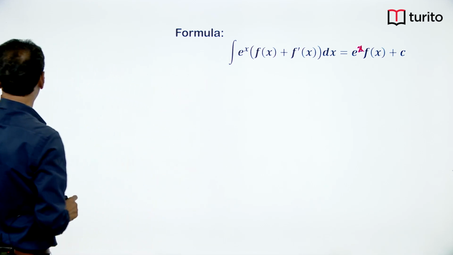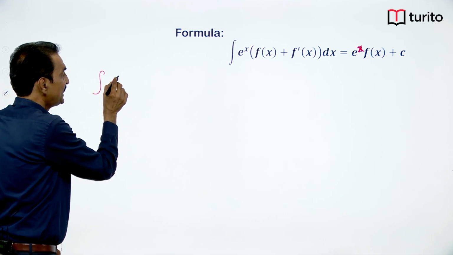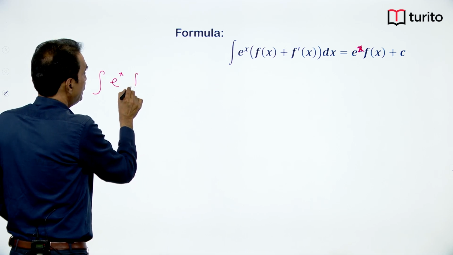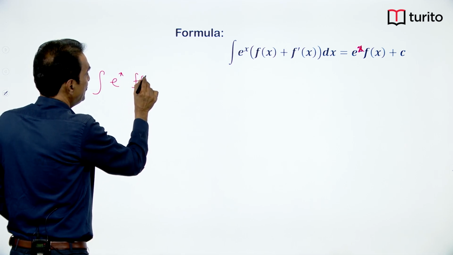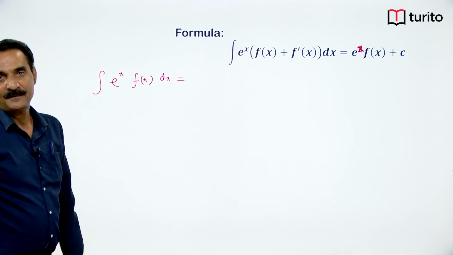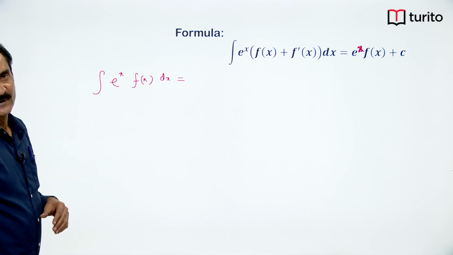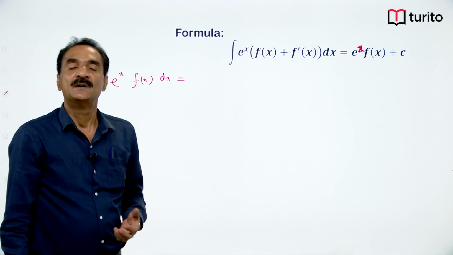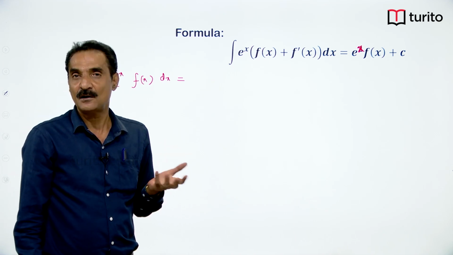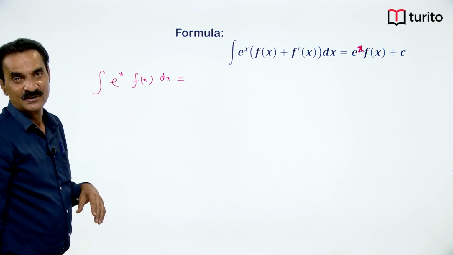If you want to derive it using by parts, take integral e power x into f of x dx. We do not know what kind of function f is, so we do not know whether f of x has an integral or not. So, we take f of x as first function, e power x as second function.